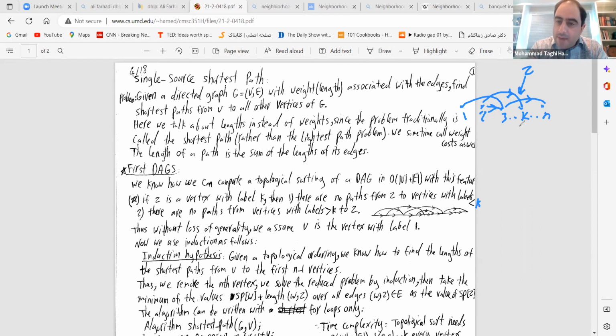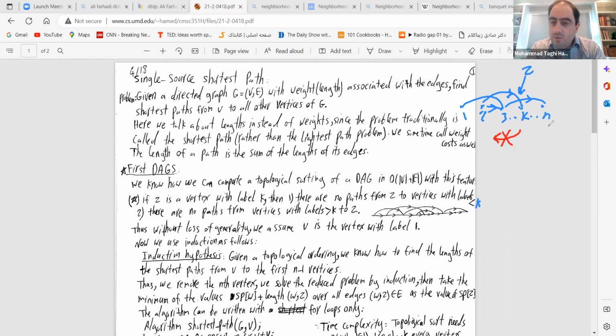As a result, there is no path from Z to any vertices before Z. There are no edges from this vertex Z that has label K to vertices that have label 1 to K minus 1, or less than K.